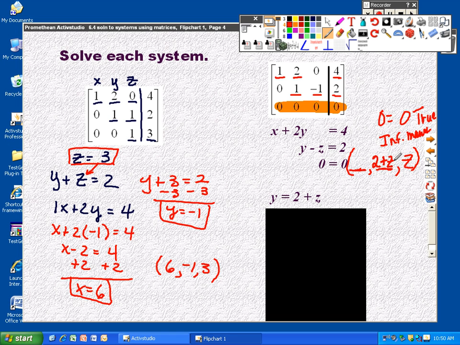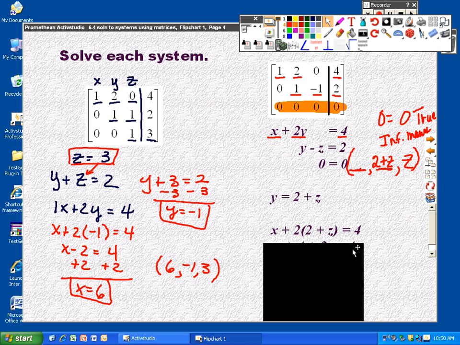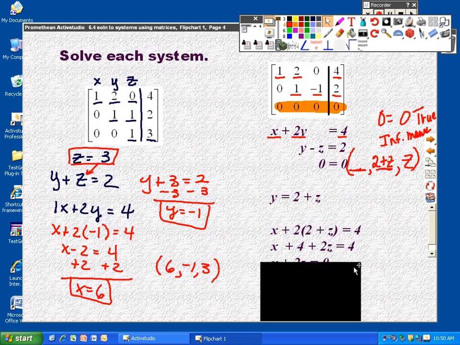Then I use this first equation, x plus 2y equals 4. And I will substitute in 2 plus z in my y spot. So I have x plus 2 times (2 plus z) equals 4, which is x plus 4 plus 2z equals 4, which if I subtract 4 from both sides, I get x plus 2z equals 0.